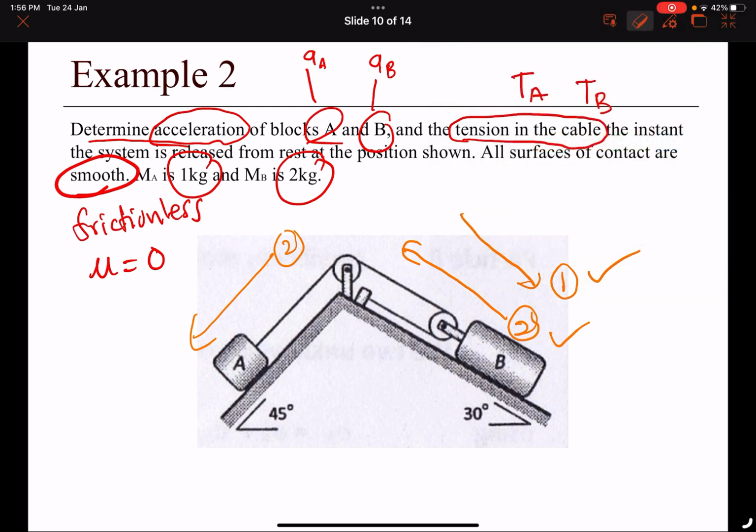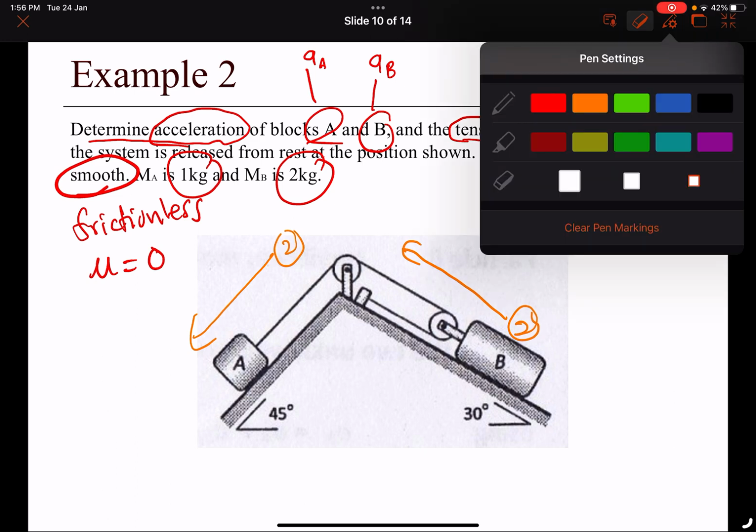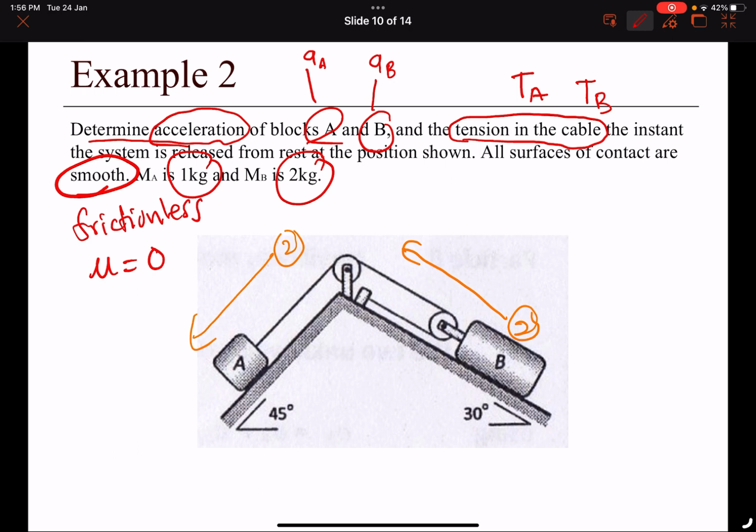So this rigid body will be moving this way. If it is moving this way, you have to make sure that your acceleration is this way as well.